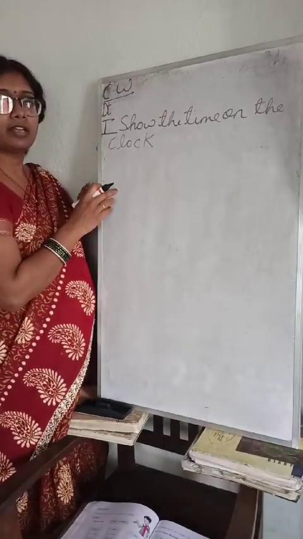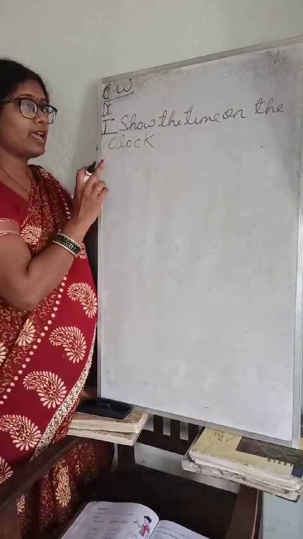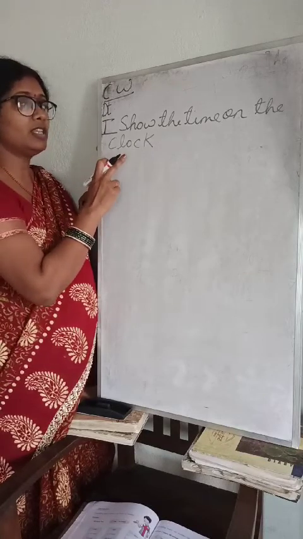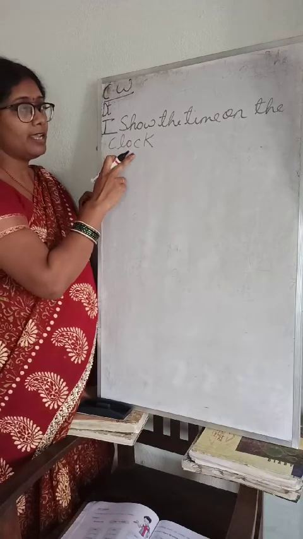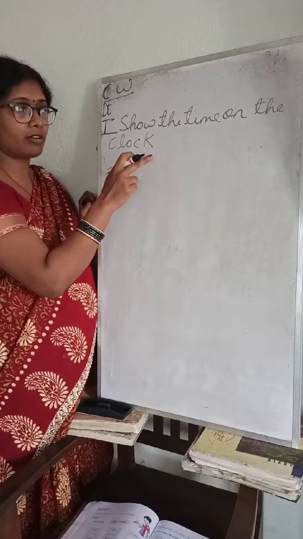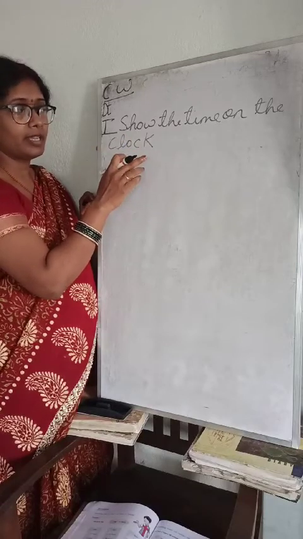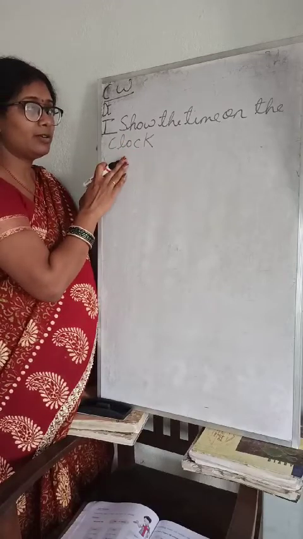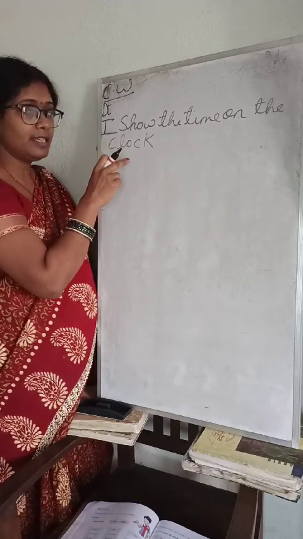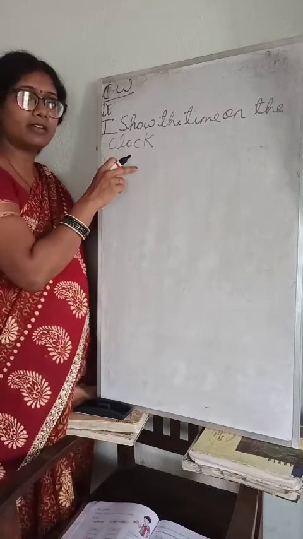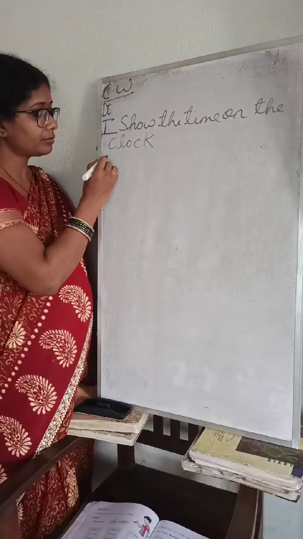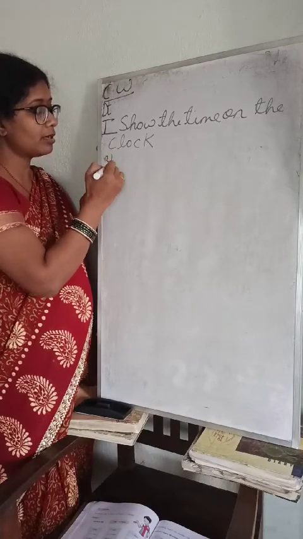I will write the time and you are going to show this time on the clock by putting the big hand and the small hand of the clock at the correct number. आप जो टाइम मैं यहाँ लिखूंगी उसे आप क्लॉक पे दिखाएंगे और कैसे दिखाएंगे? मिनट हैंड और आवर हैंड को सही जगह पर क्लॉक पे रखकर. So let us begin.